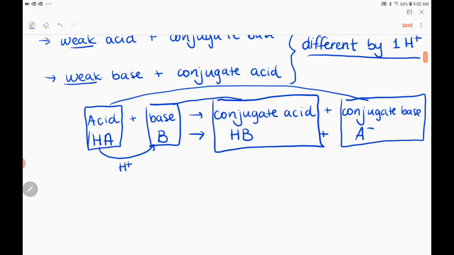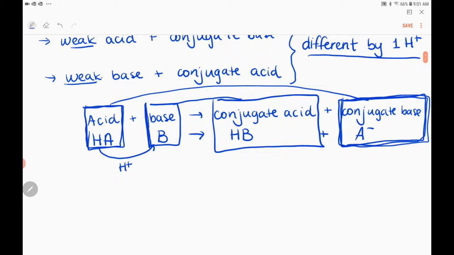So let's go ahead and do some examples so we can predict our buffer components, because we know that this acid, if we combine it with that conjugate base in a solution, like we have powdered forms of both of these, and we put both of these in a solution, then we're going to have a buffer.